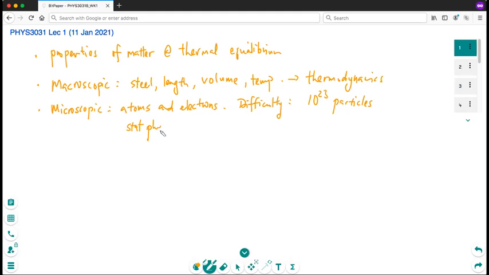Statistical physics will give you a bridge between this very detailed description of the microscopic details and the thermodynamic properties you see when you look at the same piece of material. So this would require statistical physics.